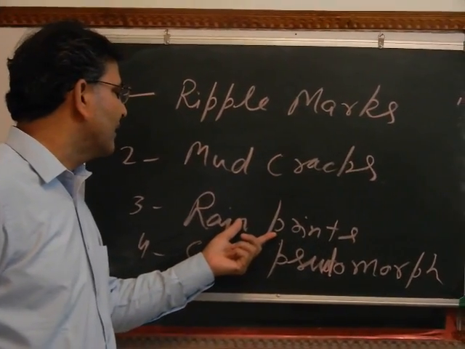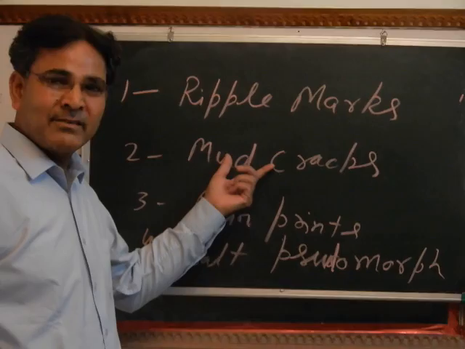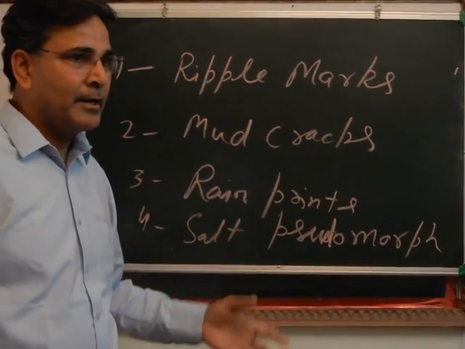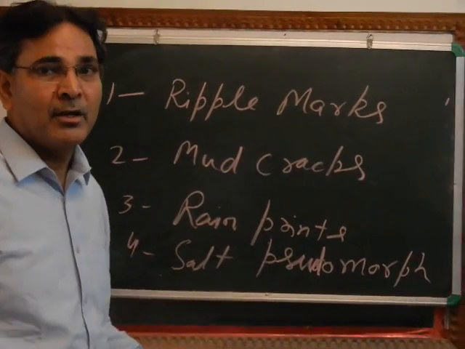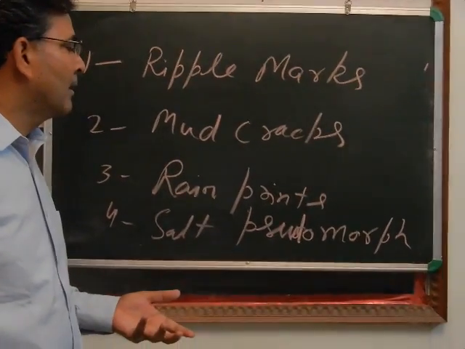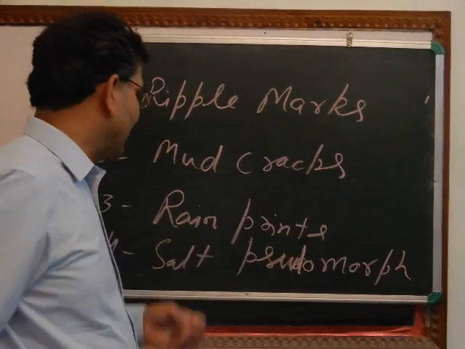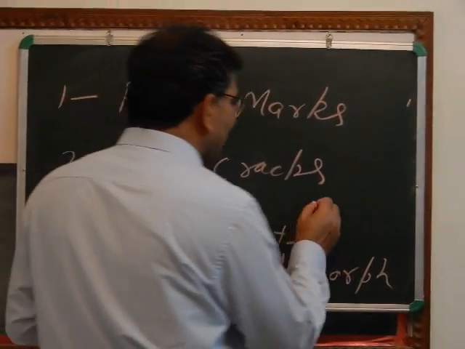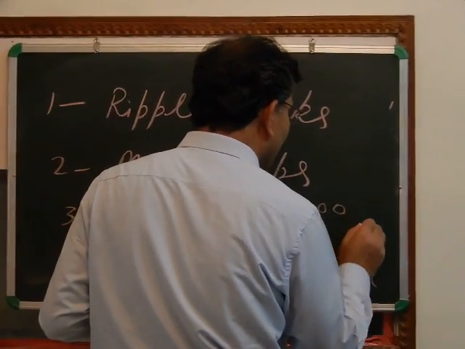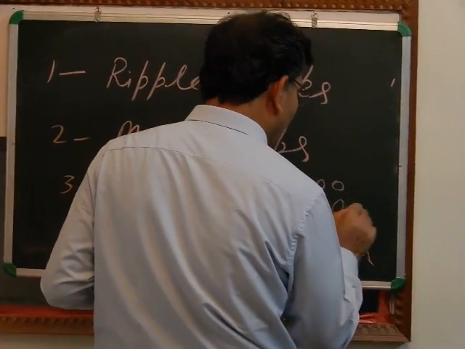Rain prints and mud cracks indicate that desiccation is taking place, means evaporation is taking place, means the day temperature is high. Rain prints may be rounded or elongated.